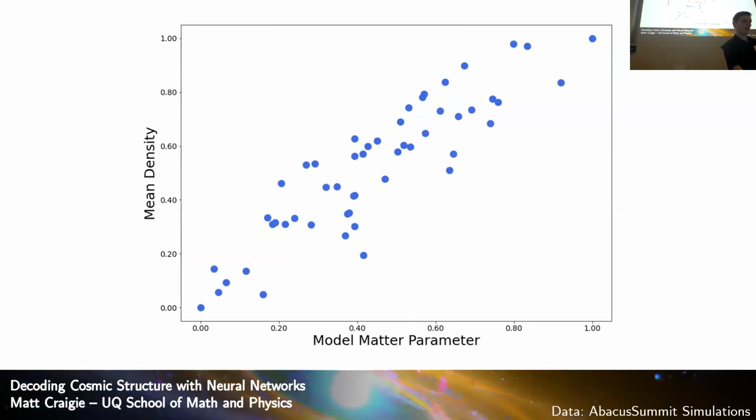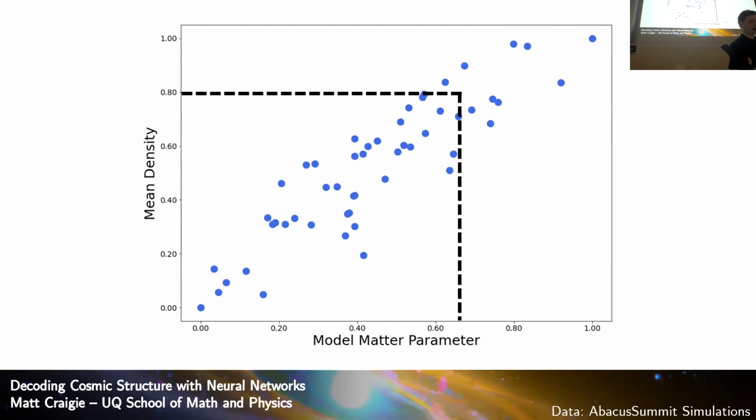Here's some data from the Abacus Summit simulations again. On the y-axis, I have the mean density from these simulations. And on the x-axis, I have the model of the universe's matter parameter, omega m for anyone that's into cosmology. And so now, with this information, if I observe a section of the sky and I see we have a mean density of around about 0.8, then we know our model matter parameter should be somewhere around 0.6 to 0.8.